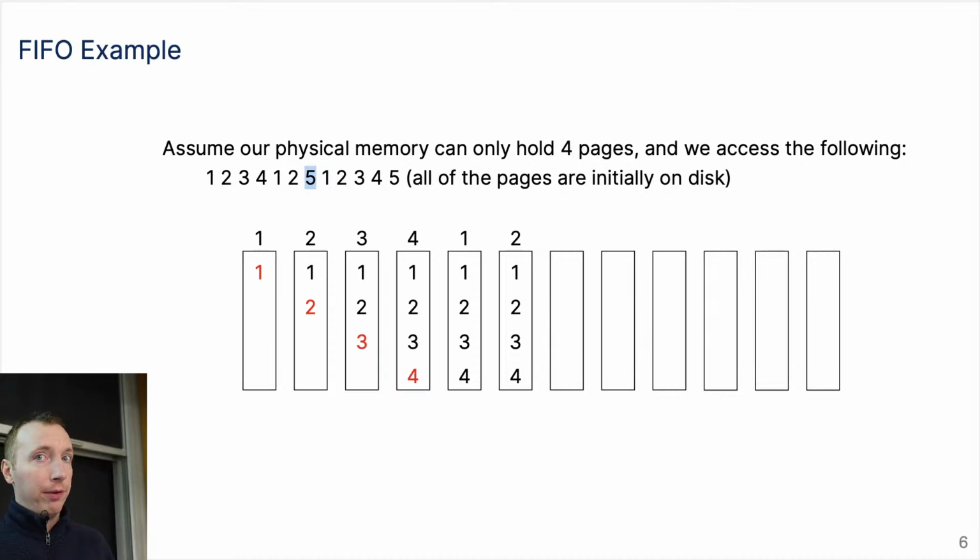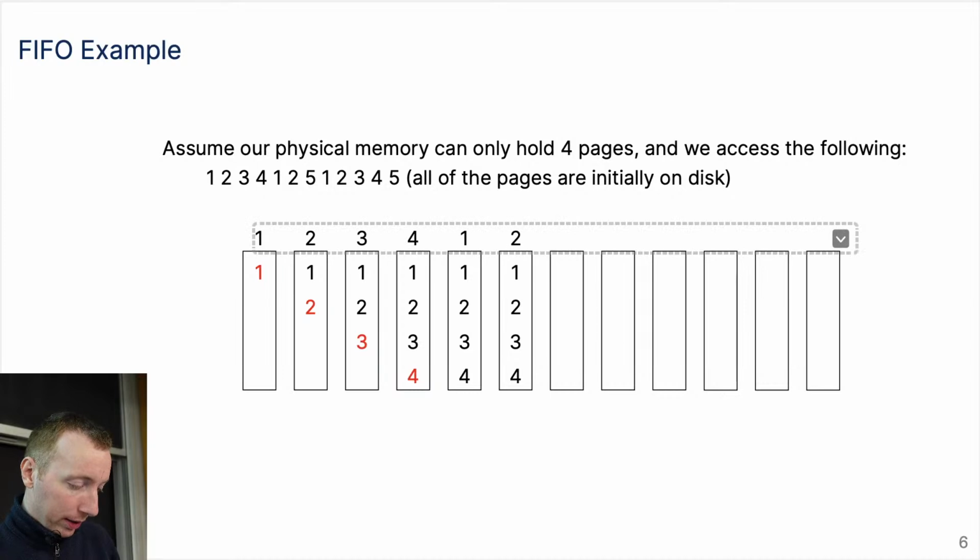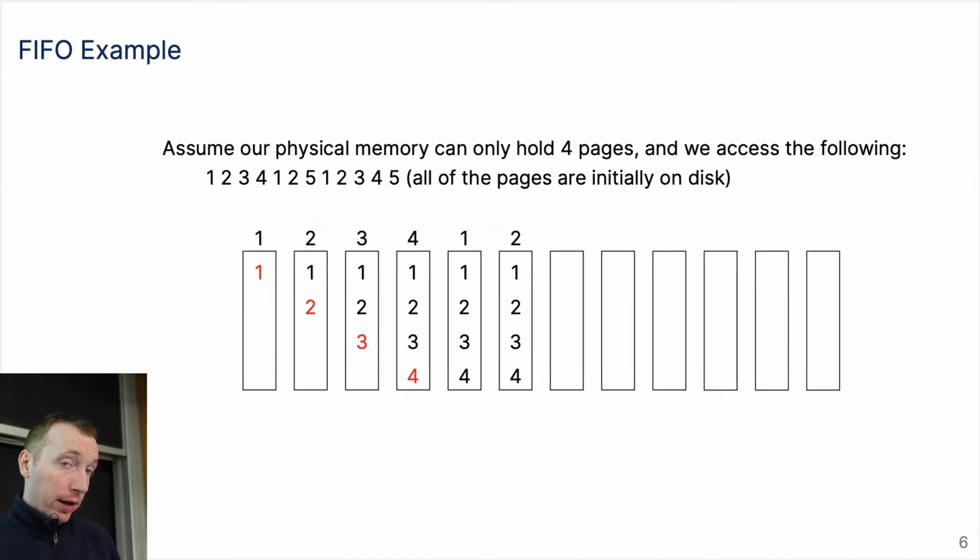So if we're doing first in, first out, since 1 was the first one in, way back here in step 1, then it's going to be the first one out. So when we access page 5, we replace page 1. So now what's currently in memory is 5, 2, 3, 4.